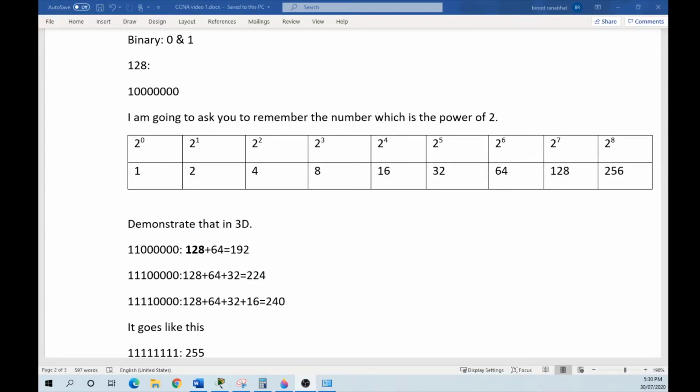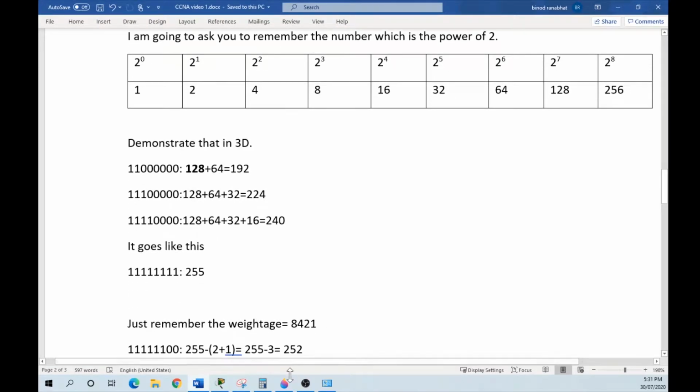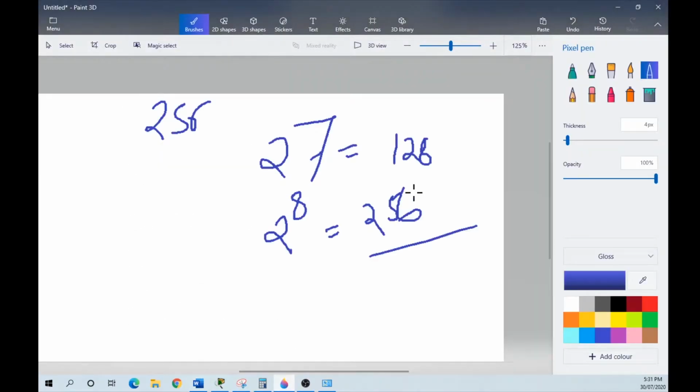The next thing we need to know is the powers of 2. 2 to the power 0 will be 1, 2 to the power 1 will be 2, 2 to the power 2 will be 4, and 2 to the power 8 will be 256. Let's demonstrate a few examples which will be helpful to do subnetting quick and easy.